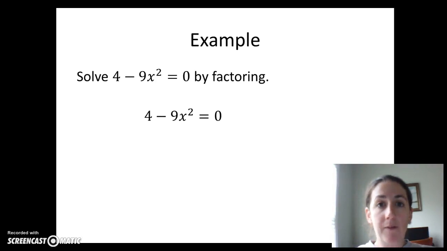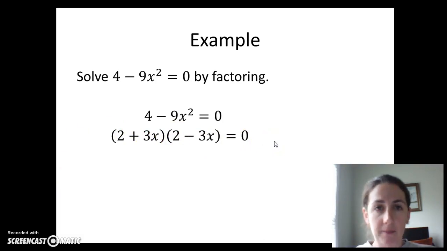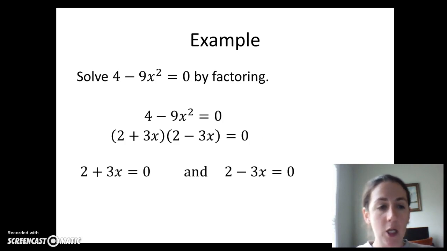So take a look. We have 4 minus 9x squared. We have the difference of two perfect squares. Remember, these quadratic equations could be the difference of two perfect squares. So this factors into base 1 plus base 2 times base 1 minus base 2. Once you have it factored, then you can set each factor equal to 0 and solve separately. 2 plus 3x equals 0, 2 minus 3x equals 0.